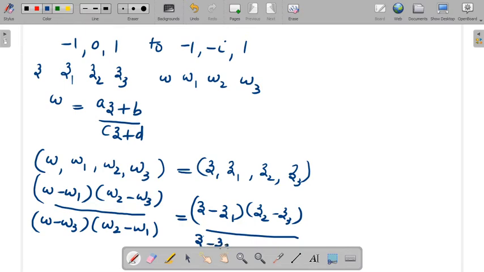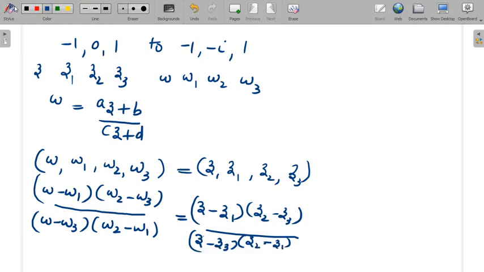So Z minus Z3 into Z2 minus Z1. Now let us substitute these points here and write the map.